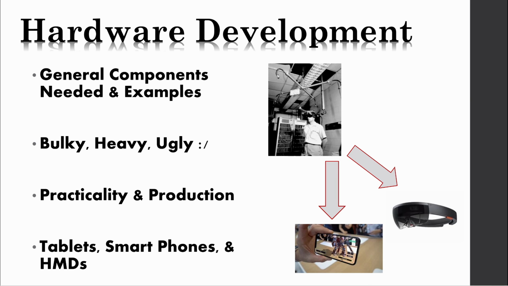Some examples of display units would be your typical monitor, a head-mounted display, glasses, or phone and tablet screens. Some examples of input devices would be accelerometers, touch recognition devices, speech recognition devices, gyroscopes, GPS, and eye tracking devices.